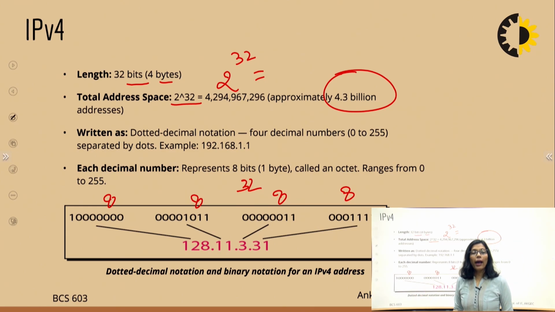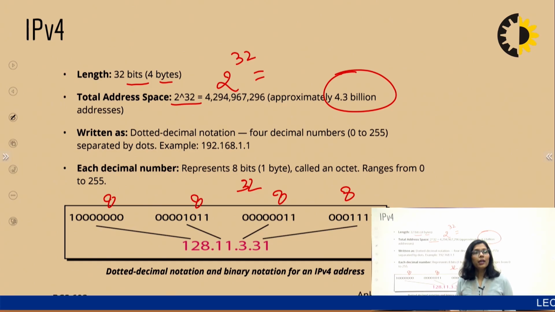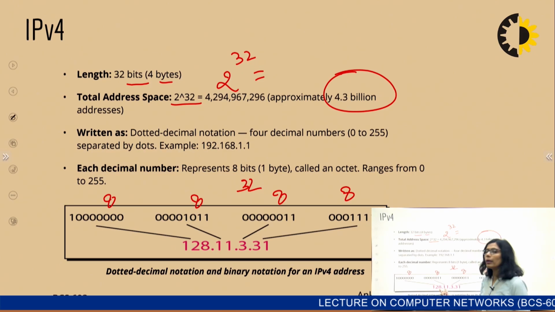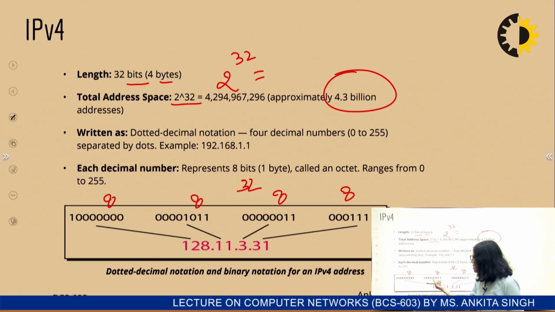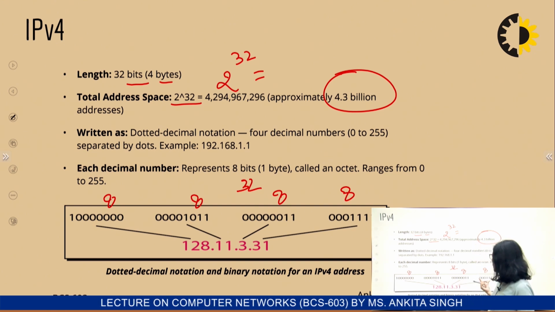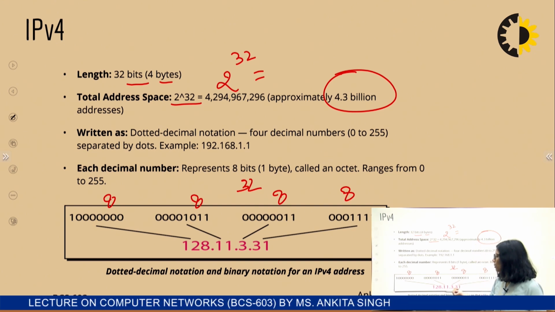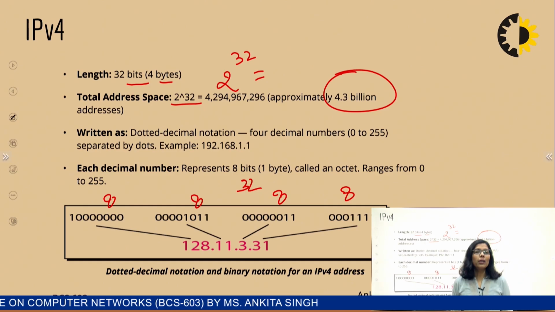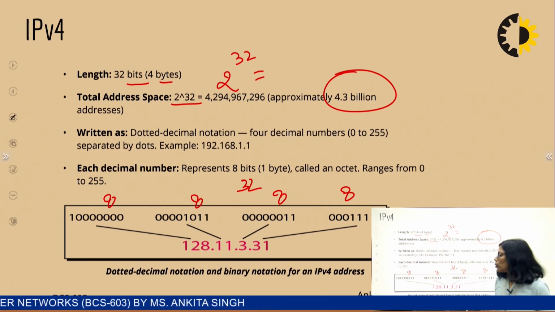I can also convert this binary format into dotted decimal format, in which I take one octet and convert that octet into a decimal number. This one is 128, this is 11, this is 3, and this is 31, and I will add a dot in between them. So this is dotted decimal notation, which we usually use in depicting IP addresses in IPv4 notation.